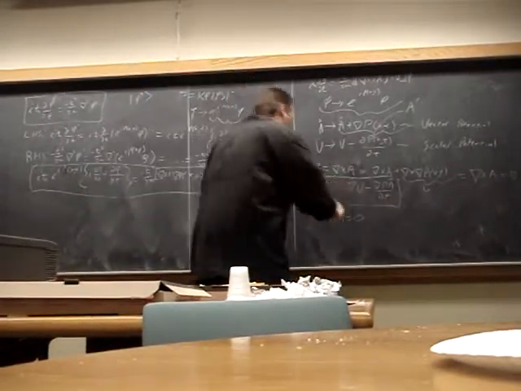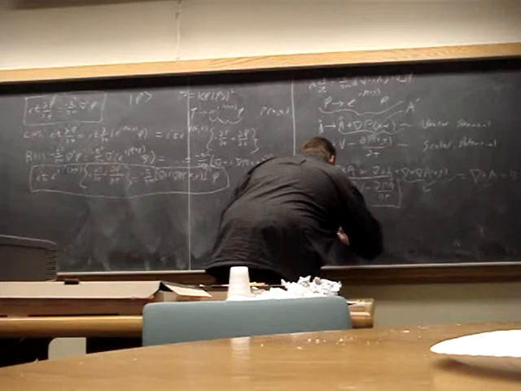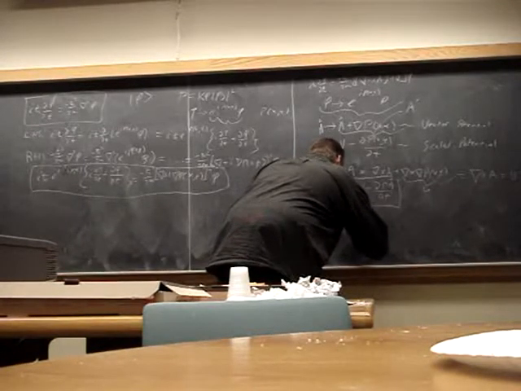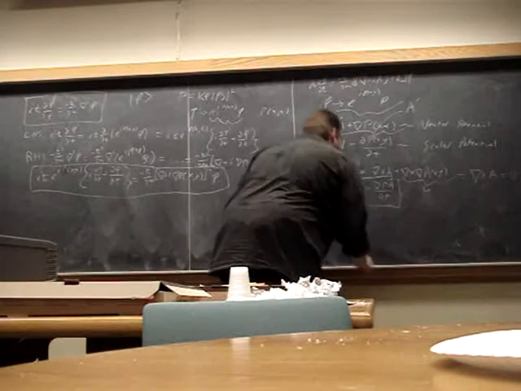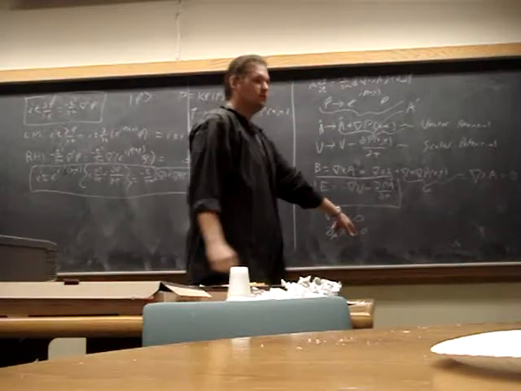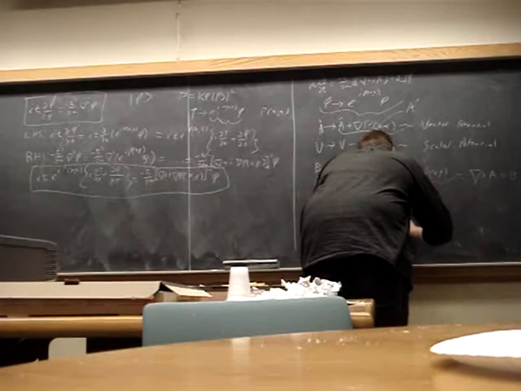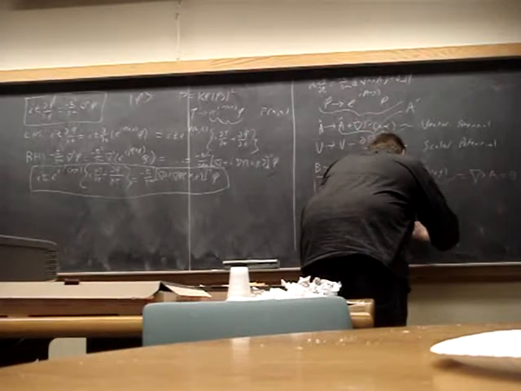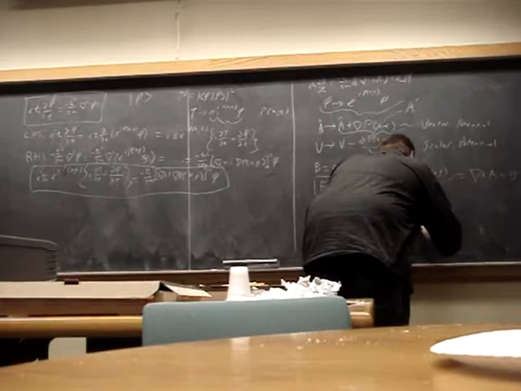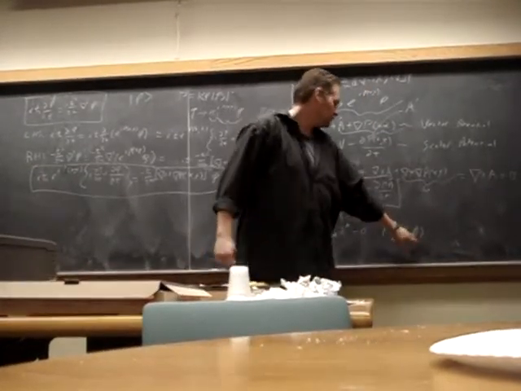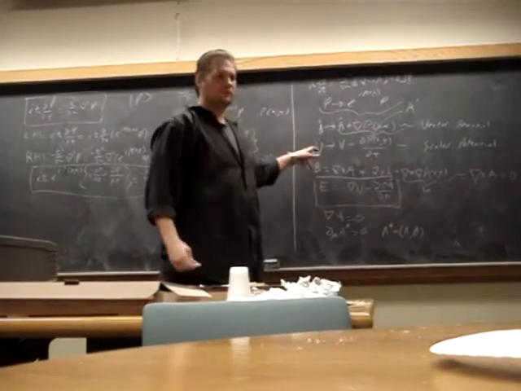And that's given by the covariant gauge. And this A upper mu is defined by a 4-vector, where A is the vector potential, and this phi is a scalar potential, same as V.